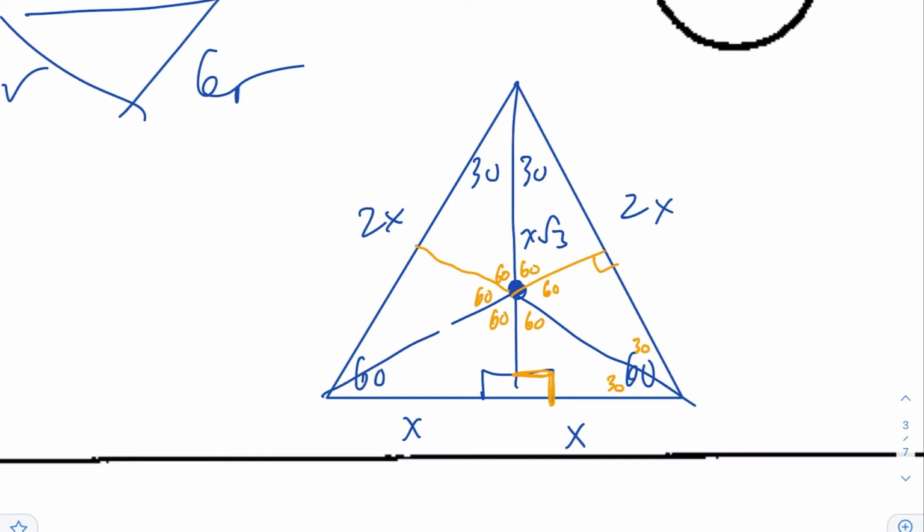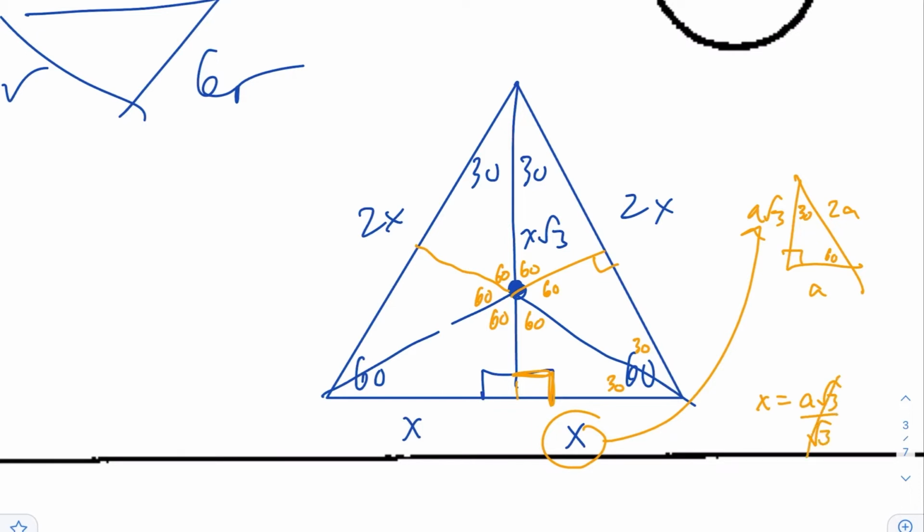So in this case, if the side opposite the 60 is this x, this x would be in ratio of a, 2a, and a root 3. So this x is really this a root 3.